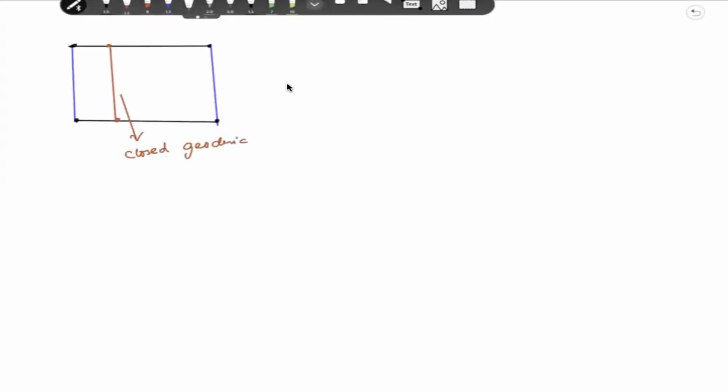In fact, if I take any other vertical line, this is again a closed geodesic. And if I take any horizontal line, this will also be a closed geodesic. Let me give you another example of a closed geodesic in the torus.